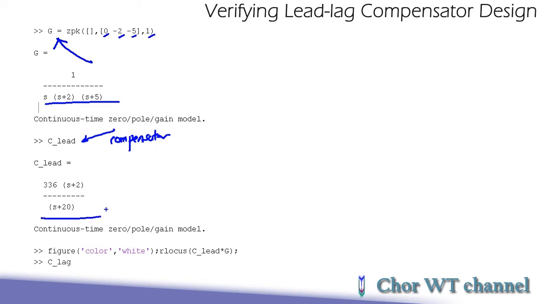First of all, we need to verify whether our Lag Compensator has been designed correctly, so that the closed loop poles can be placed at the desired locations. So what we need to do now is to generate the root locus.